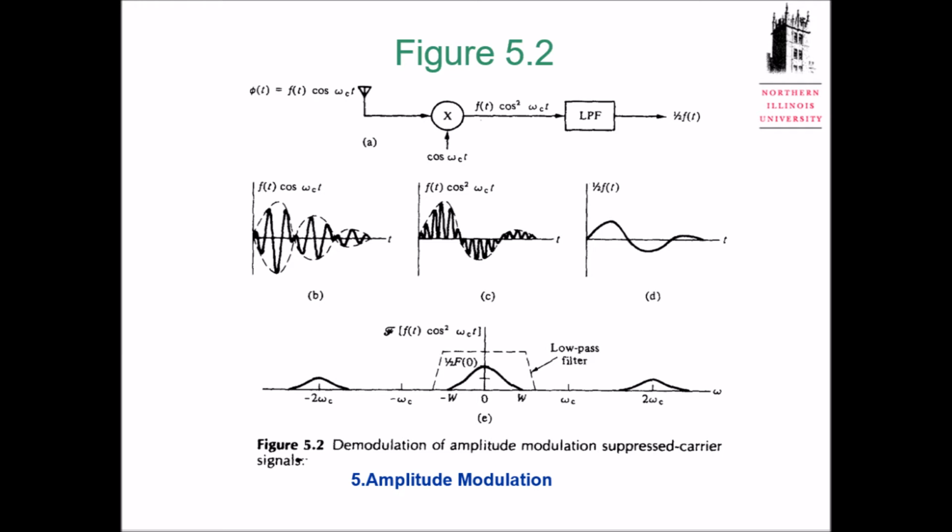This part moves here and over here. Blue and green combined, we have this part doubled, a superposition. Another part will be blocked by this low pass filter. So this will happen in time and in frequency, and we obtain the message.